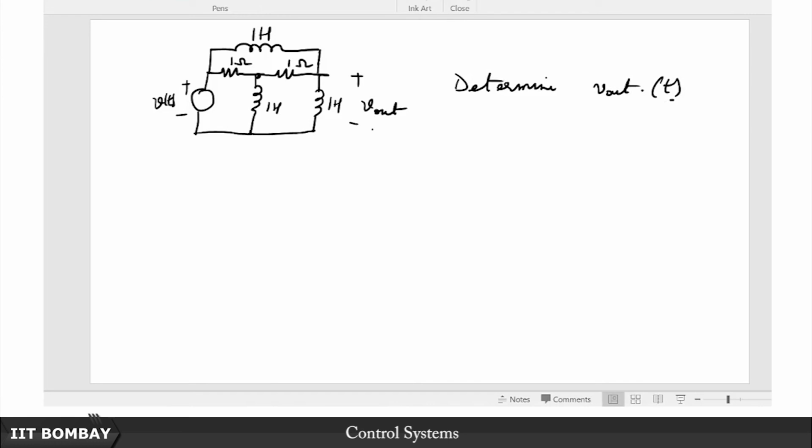Now you see, if I were to just consider the transformed equivalent of this, let me draw that with the blue ink. So this is just going to be S, right? This is going to be 1, this is going to be 1, I am dropping the units. This is going to be S again, this is also going to be S, and here you have V of S, right, and let me use just KVL this time, okay.